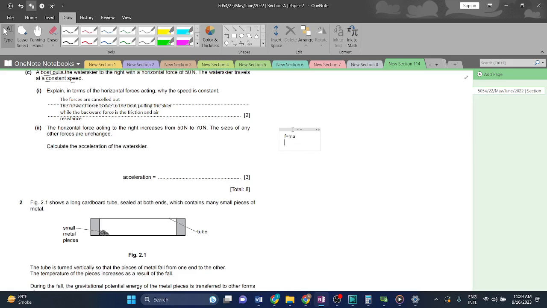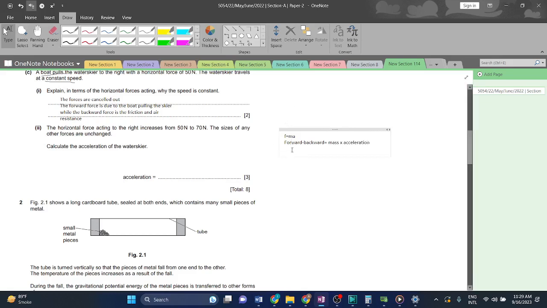If you look at its extension, it will be forward minus backward force equals mass into acceleration.